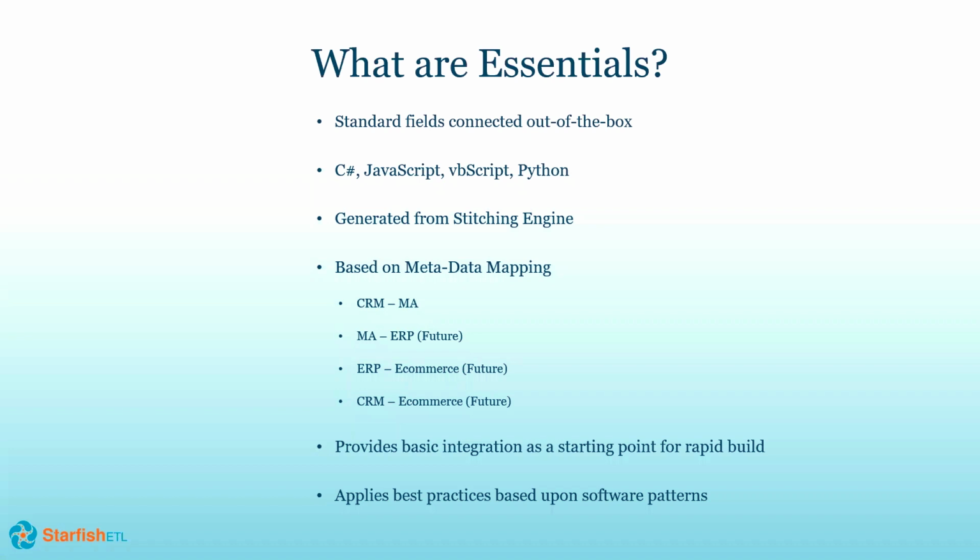We have a Creatio and Xero integration. We're working on a Creatio and QuickBooks integration. So this Essentials style of integration is only going to expand. If you have specific integrations that you'd be interested in seeing become Essentials, let us know. We'd love to know, and we could always expedite that up our development map.